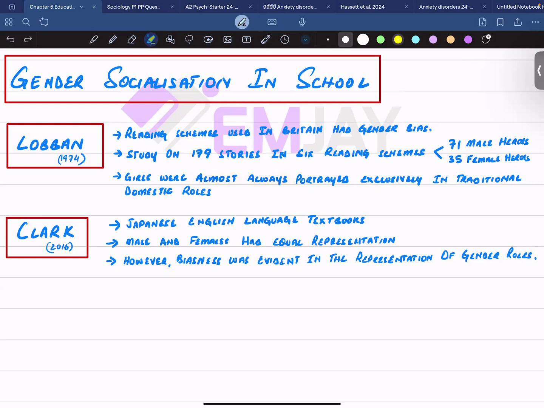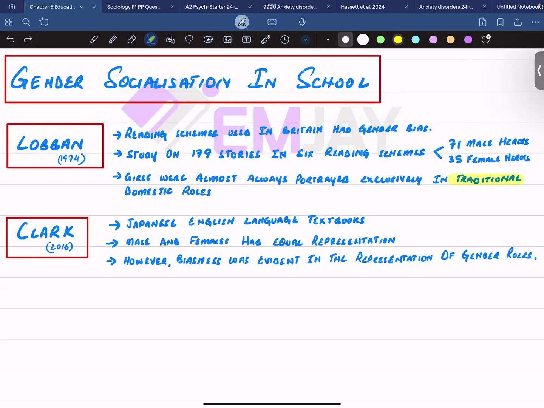So if through these stories young girls are made to believe that their role tomorrow, as they grow older, revolves around traditional domestic roles, what sort of impression do you think it is going to leave on them, or what sort of inspirations do you think they'd be carrying as they grow older?